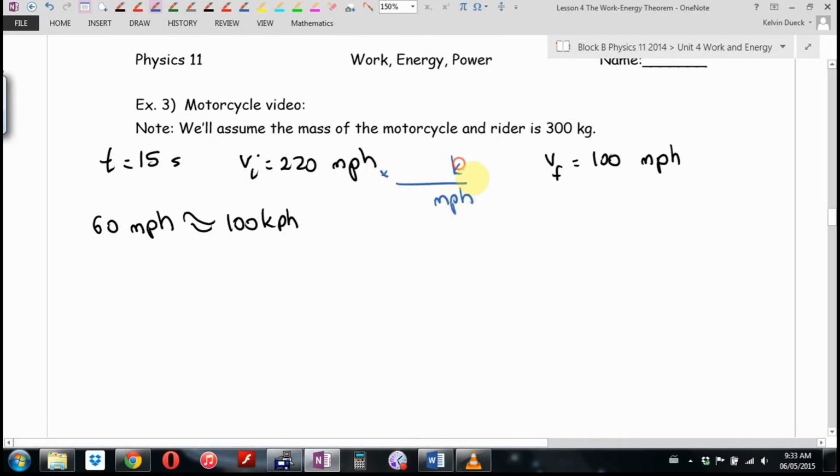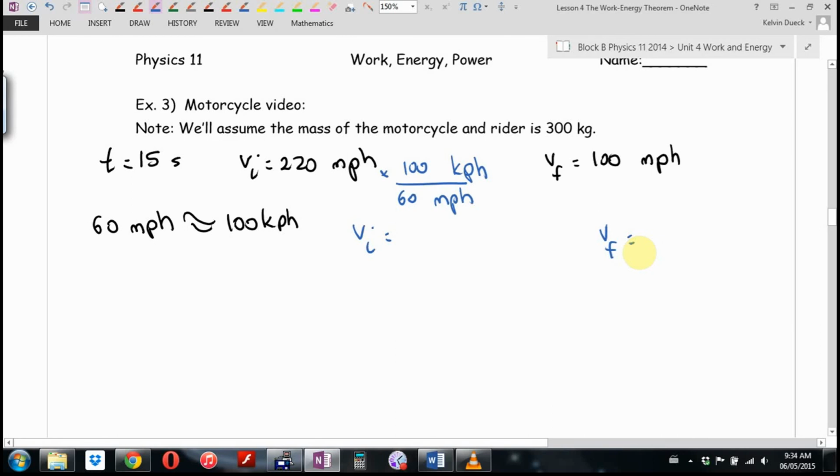I want kilometers per hour on top. So I guess I want the 100. To do the conversion to kilometers per hour, we want to go times by 100, divide by 60. Can you all do that for me, please? So what's VI in kilometers per hour? What's VF in kilometers per hour?